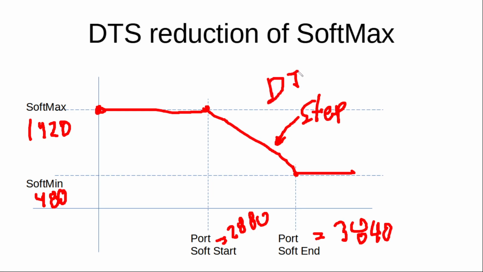DTS will use that in order to know how many buffers it will allocate or deallocate from your port queues each time. It will not do so in one single moment, but it will continuously deallocate buffers from your queues. I hope that makes sense.